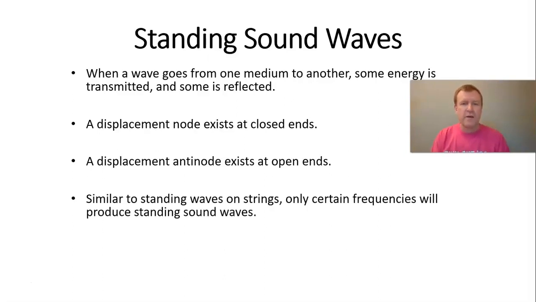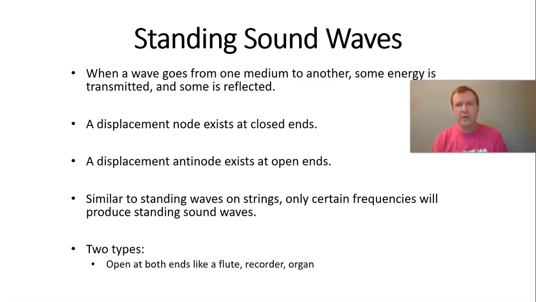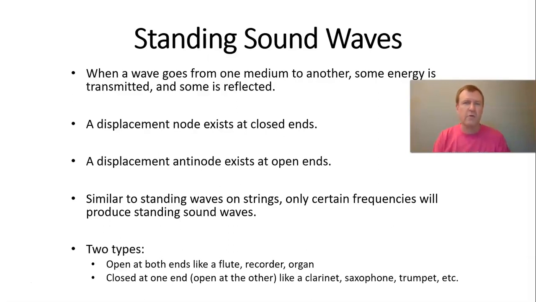Similar to standing waves on strings, only certain frequencies will create standing waves given those conditions. We've got two types: open at both ends, like a flute, recorder or a pipe organ, and closed at one end, open at the other end, like a saxophone or a trumpet or wind instruments like that.